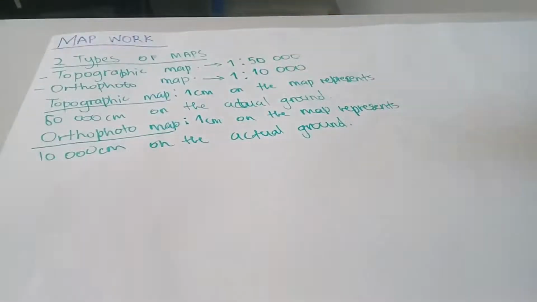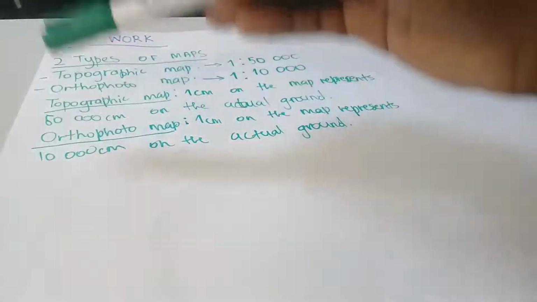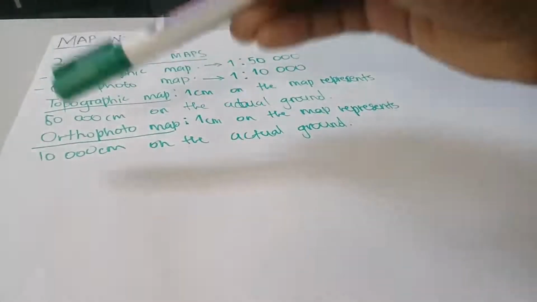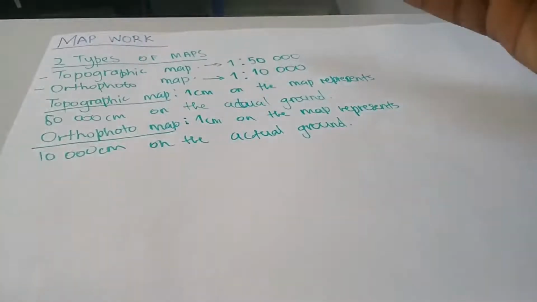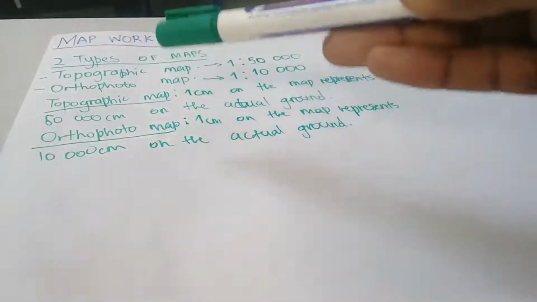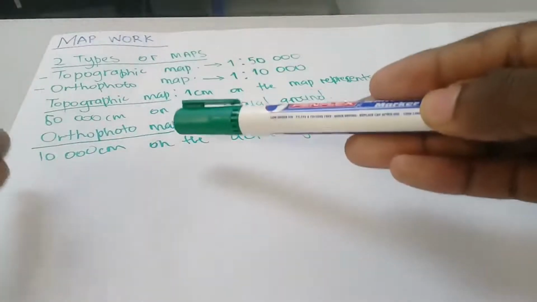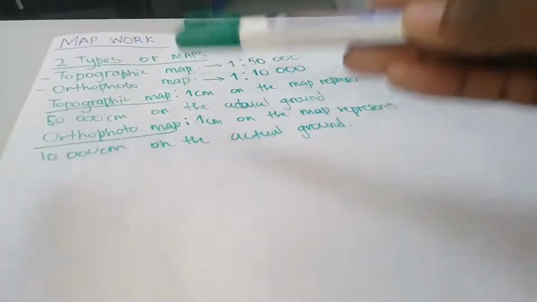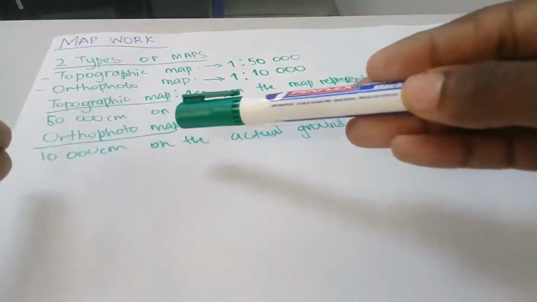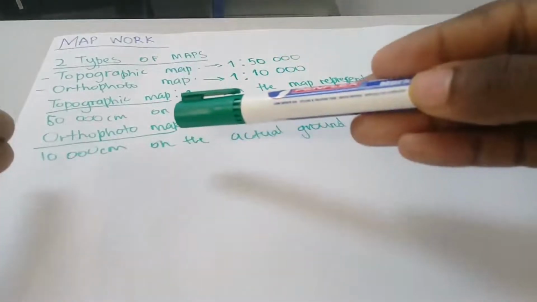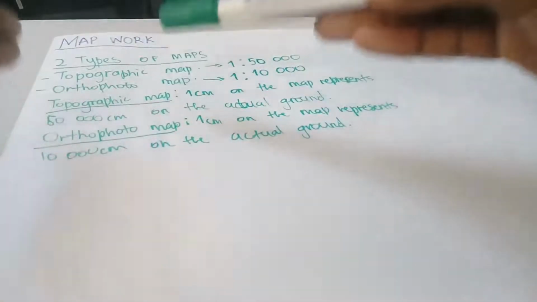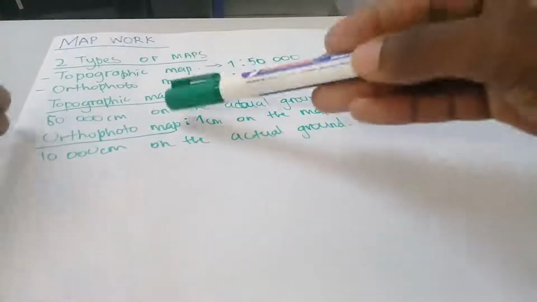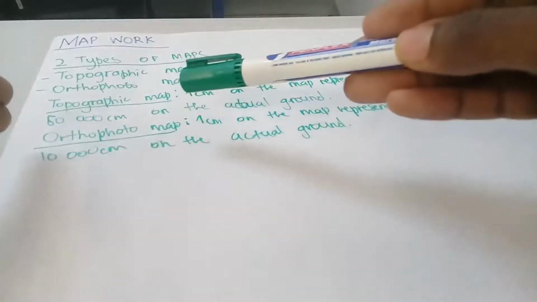Therefore, for the orthophoto map, 1 centimeter on the map represents 10,000 centimeters on the actual ground. This means that the orthophoto map scale is bigger. I'm saying it again because a question like this is going to come out during exams. The topographic map scale is smaller than the orthophoto map scale.